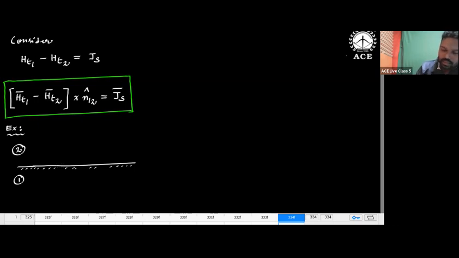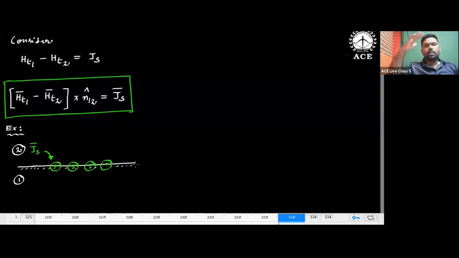Let us say the surface current is coming outside, beta. If the surface current is represented with JS, beta, if the current is coming outside, how is the magnetic field tangential? If I put my thumb like this, above it is like this, below it is like this. So how is the magnetic field?